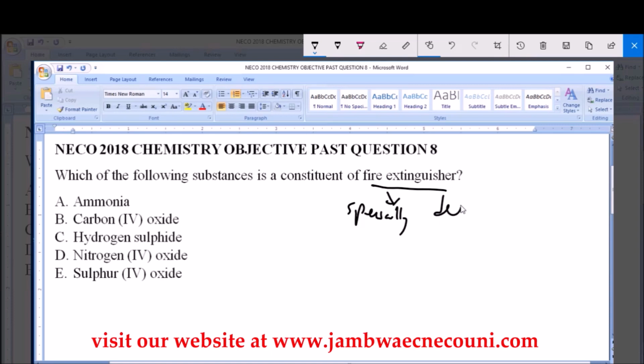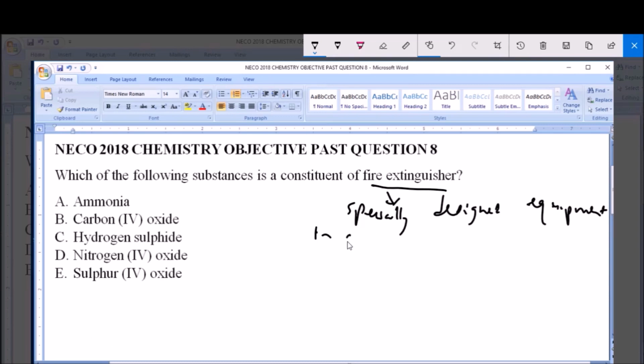Specially designed equipment, in canisters, for putting out fires.